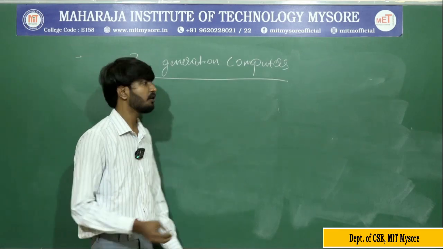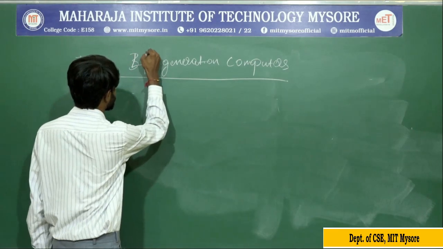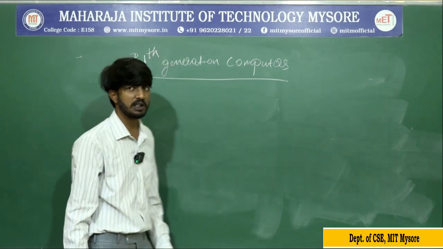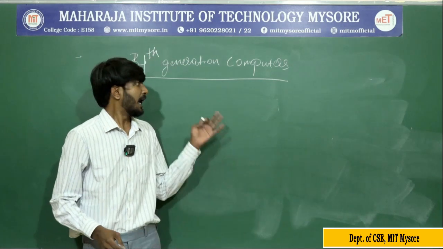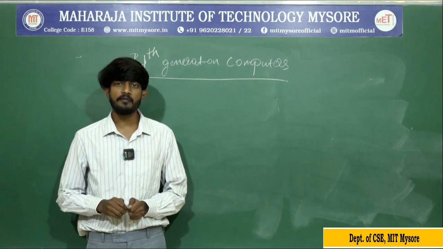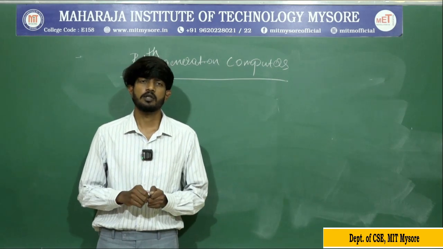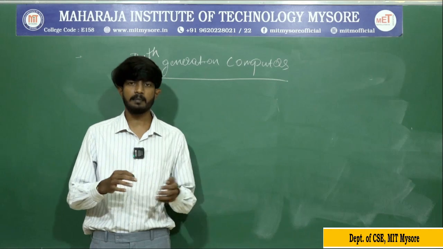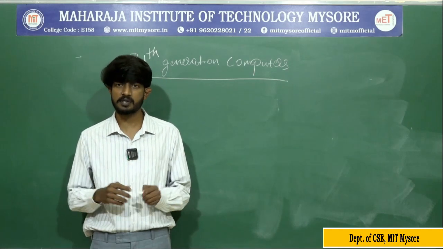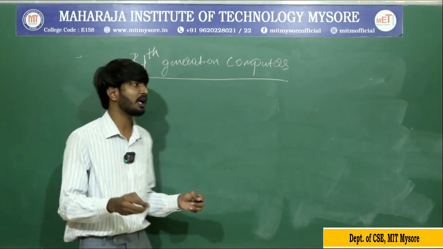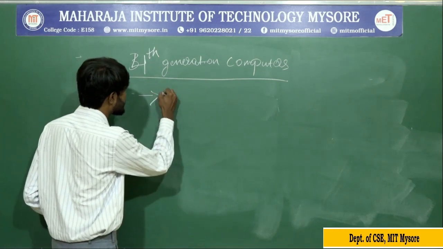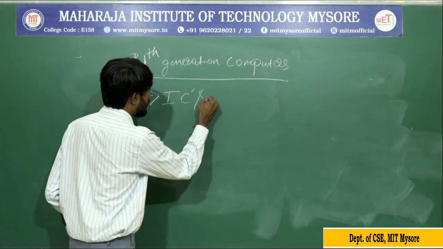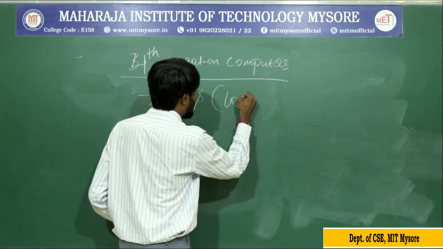The next is fourth generation. So in fourth generation computers, the hardware is made up of semiconductors. The primary memory is made up of semiconductors, and the hardware is also made up of ICs with a large number.